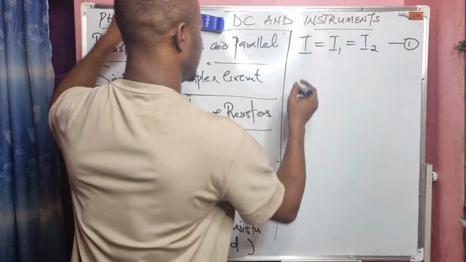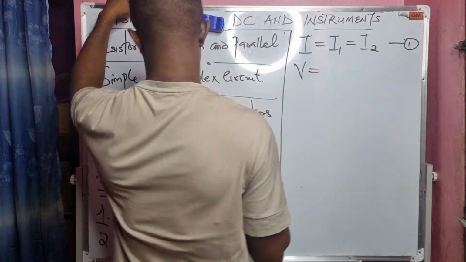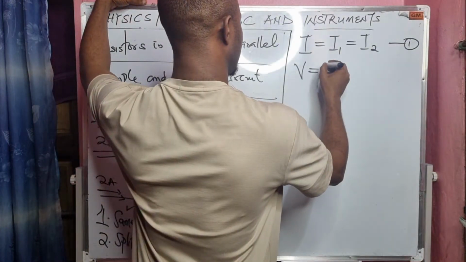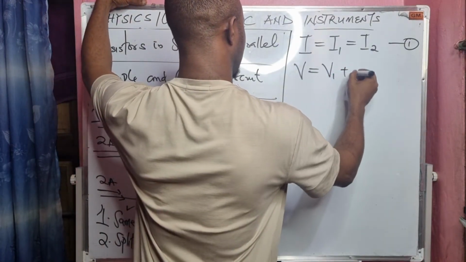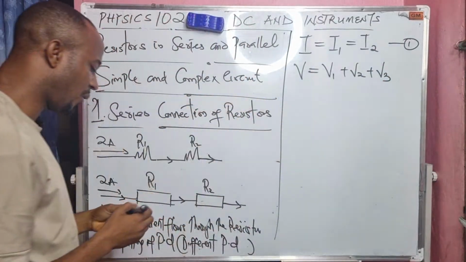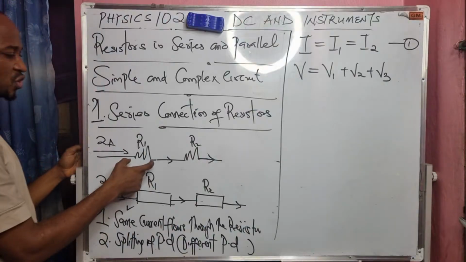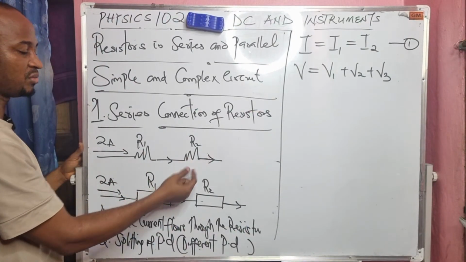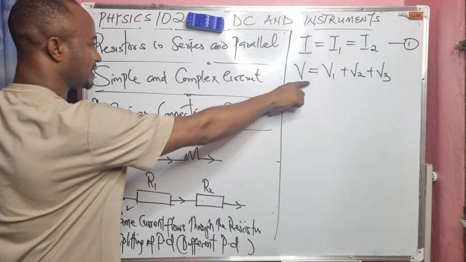So the total voltage in a circuit arranged in series will be V equals V1 plus V2 plus V3. The sum of the PD in resistor 1 plus that of resistor 2 must amount to the total voltage.